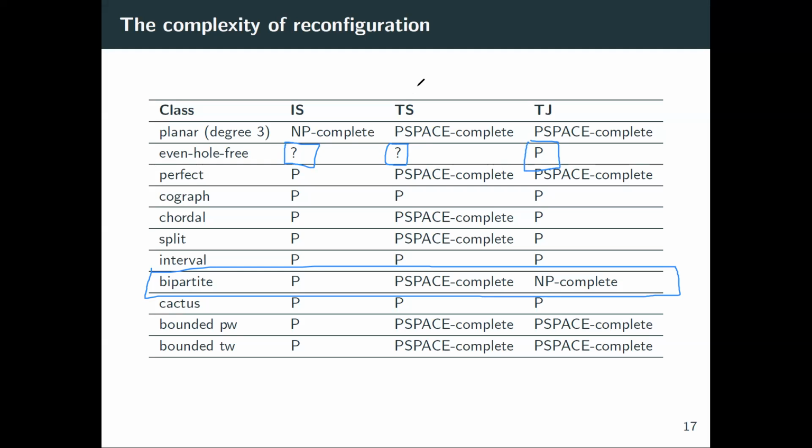Can you answer that question in polynomial time for even-hole-free graphs? For split graphs and chordal graphs, token sliding and token jumping also behave extremely differently, right? Token sliding is PSPACE complete on split graphs and chordal graphs, while token jumping is polynomial time. And that is some of the reasons why we feel that token sliding is usually harder than token jumping, but it's not always the case.